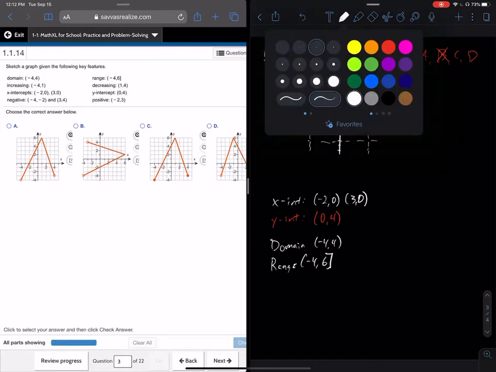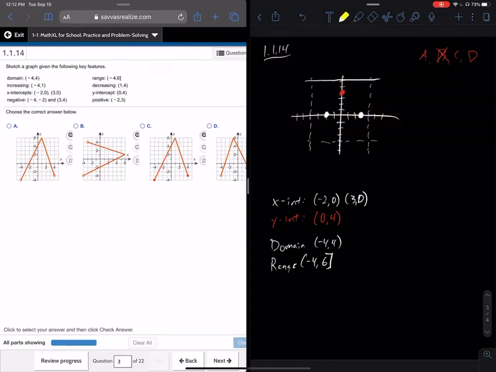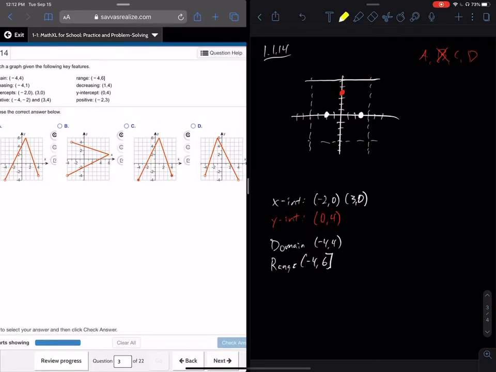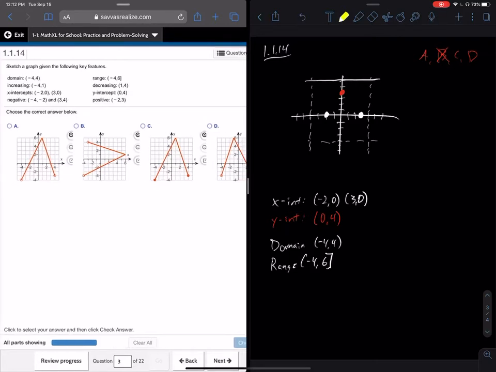So next we're going to look at our negative intervals and increasing intervals. A, C, and D all go up and then down. They all look like absolute value functions. But increasing, and this is what's going to help us here, we know that it increases from -4 to 1.